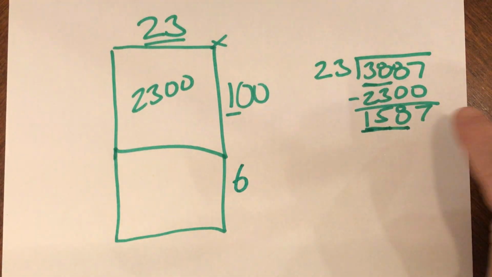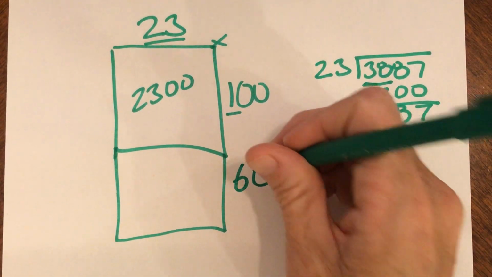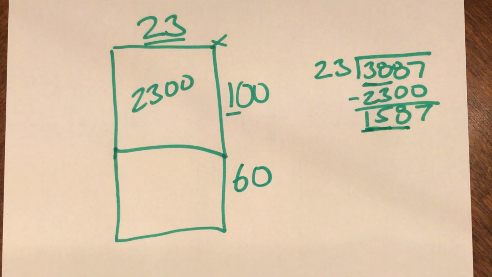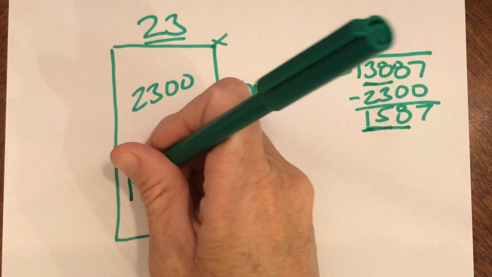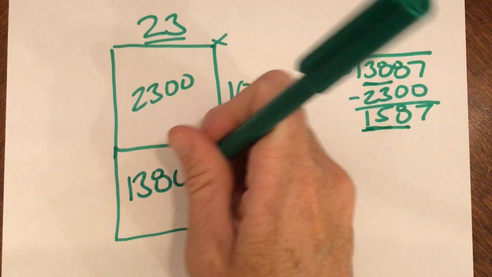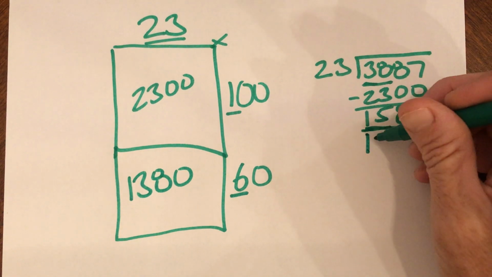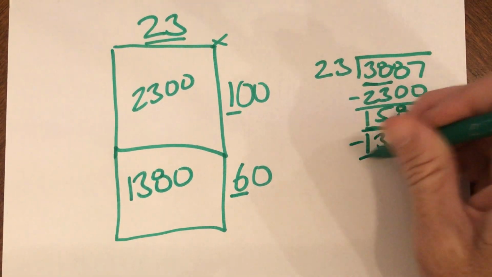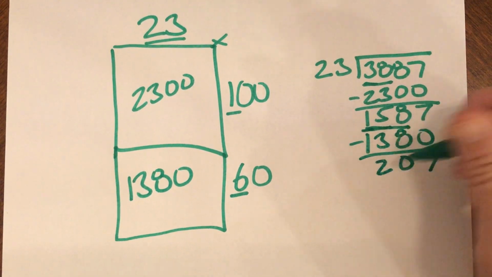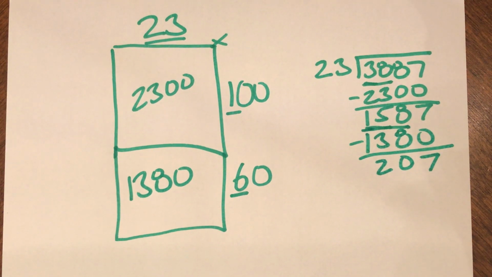So it's not going to be 6 though, because this extra digit, it's going to be 60. So 23 times 6 is 138, and add my 0, I get 1,380.